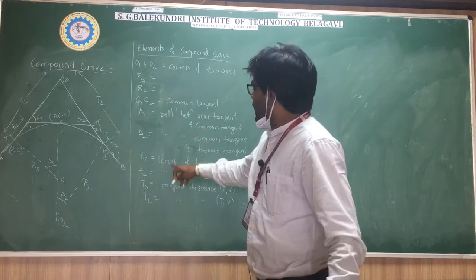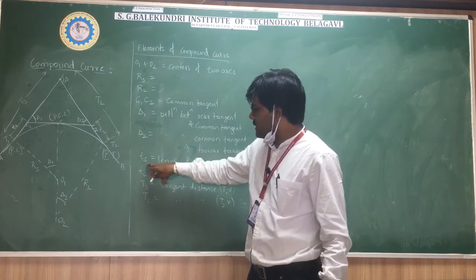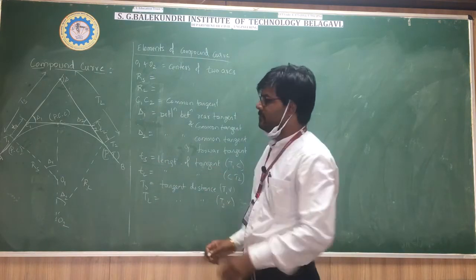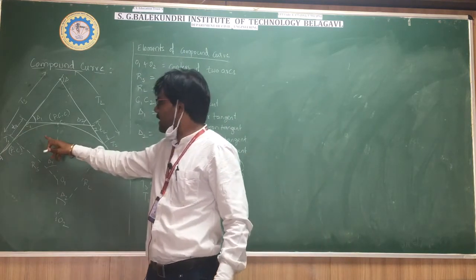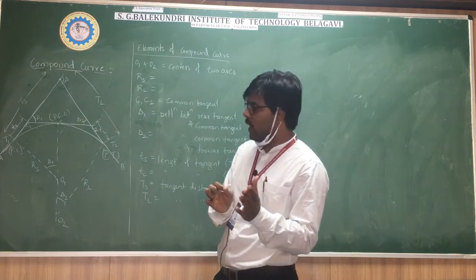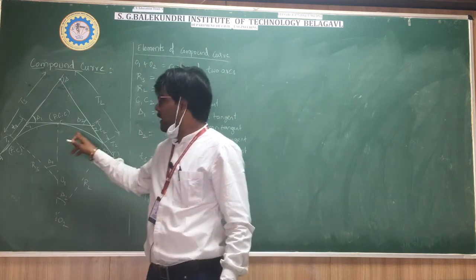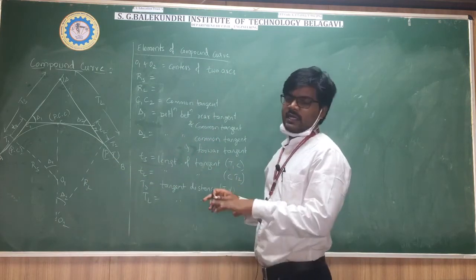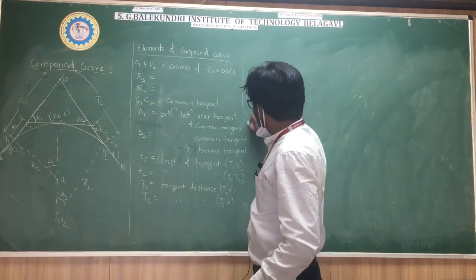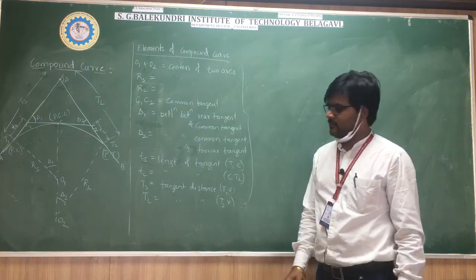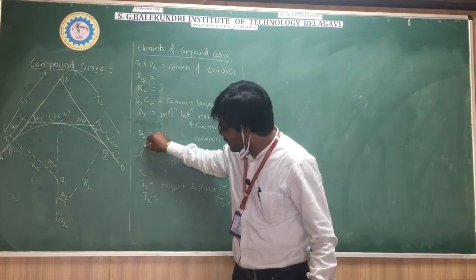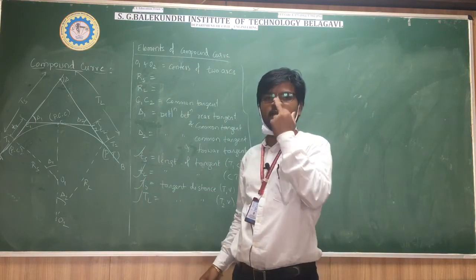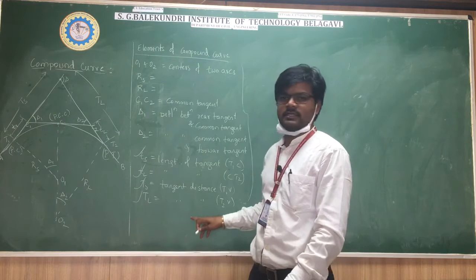Next, ts is the length of tangent with respect to arc T1C, and tl is the length of tangent with respect to the second arc. By knowing all these elements, we can calculate ts, tl, capital TS and capital TL, that is, the tangent distances.